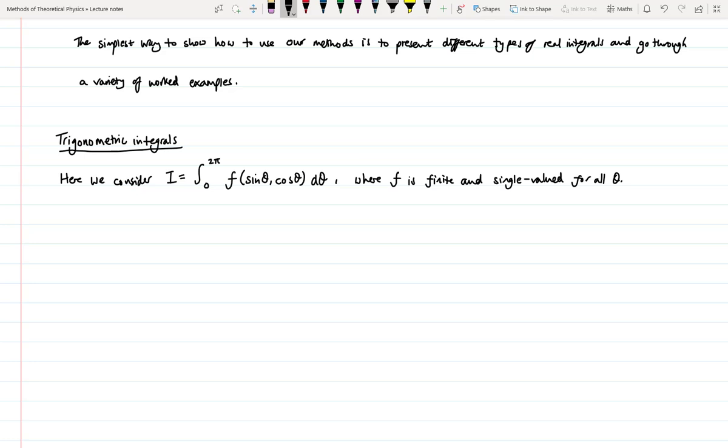First of all, we're going to want to analytically continue our real function, and we're going to do that by first making a change of variable. We're going to let z equal e to the i theta, and you'll recognize that as constraining ourselves to the unit circle.